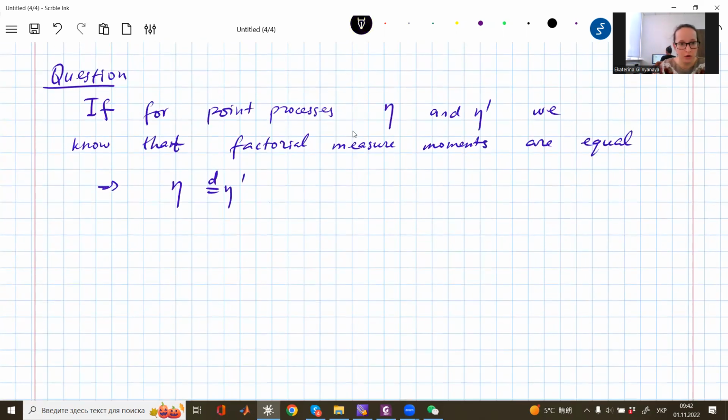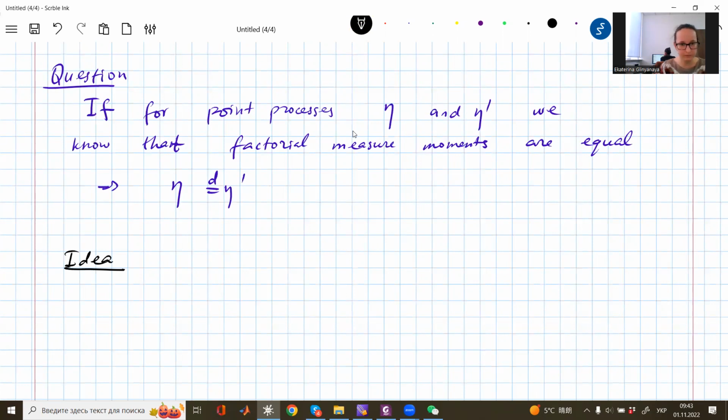The idea to answer this question is to use our criterion from the second lecture, I believe, where we consider the criterion for equality in distribution for processes, and there we have that two processes are equal in distribution if their Laplace transforms are equal.